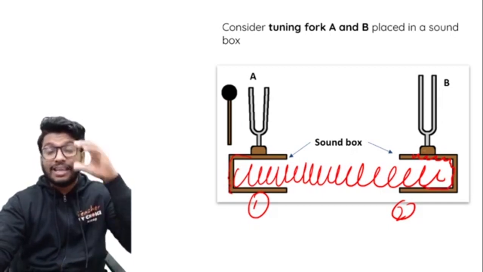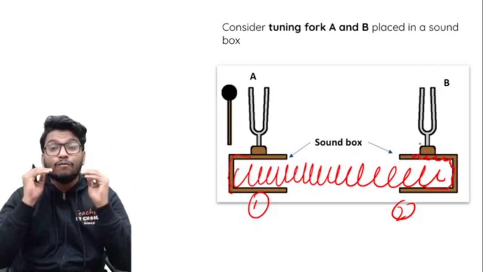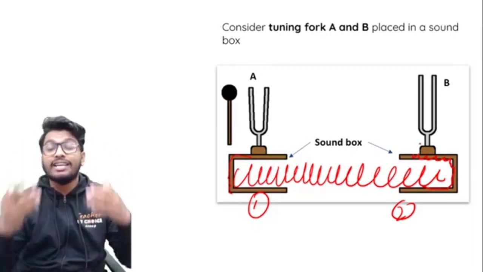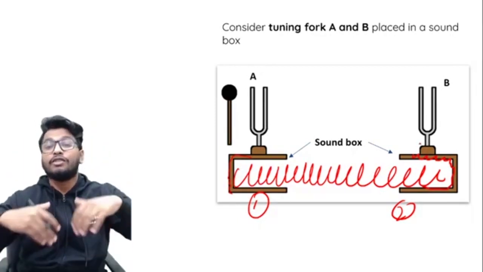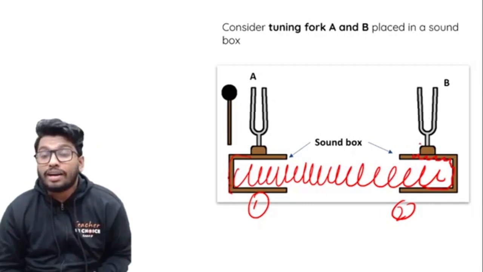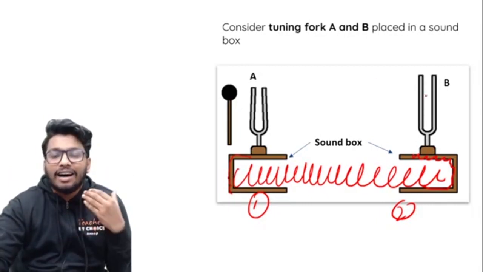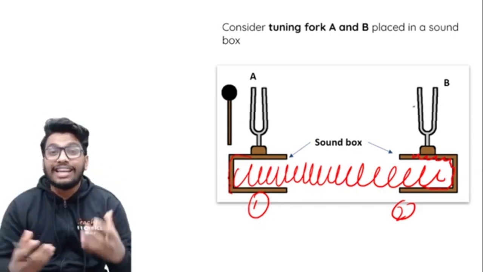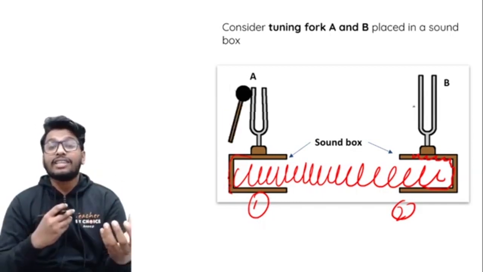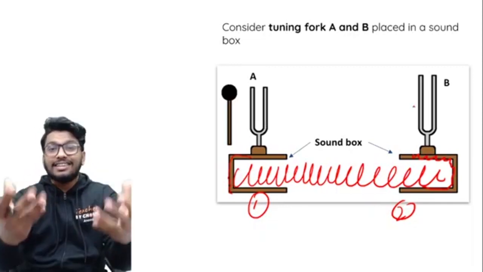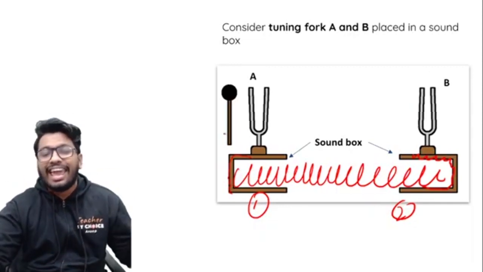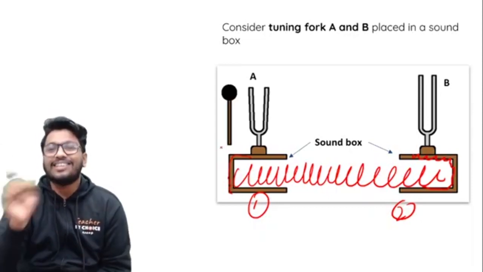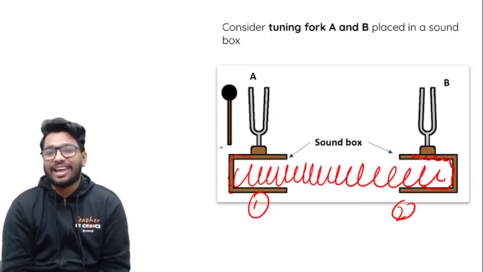The forced vibration is equal to the natural frequency of the body, and because of this, this particular tuning fork also starts to resonate. It also starts to vibrate at the same frequency at which tuning fork A was vibrating.